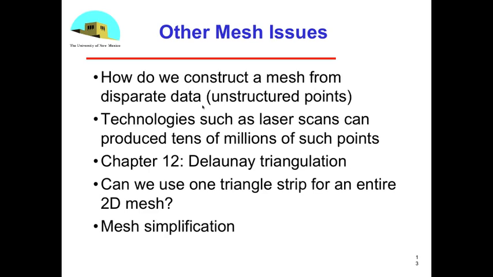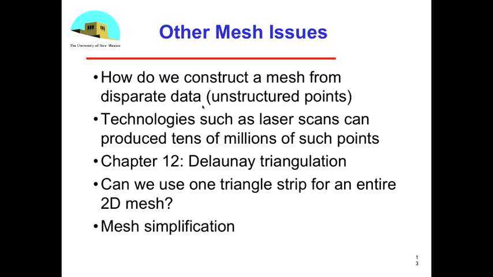And how do you do that with lots and lots of points that are unstructured? You can also look at things like, can I take a mesh that's two-dimensional and display it as one long single triangle strip? That's kind of a cute problem. I think it's in an exercise in the back of, I guess, chapter 5 or chapter 4 of how you do that.